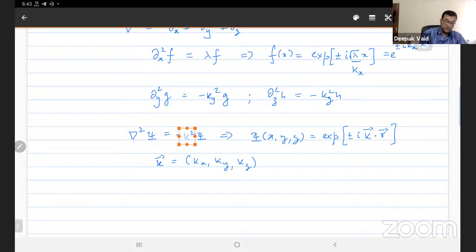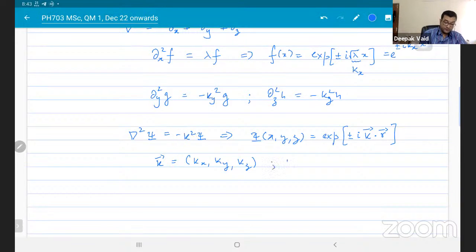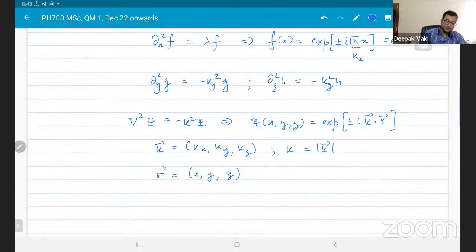And the k in the eigenvalue is the magnitude of the vector k. And r is just the position vector. And what are these? These are plane waves. So is this fine?